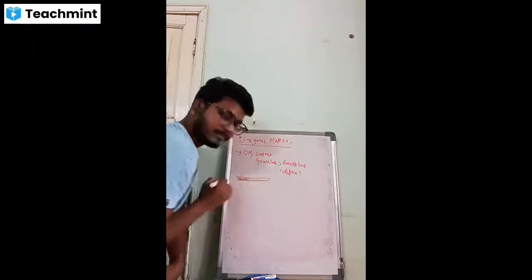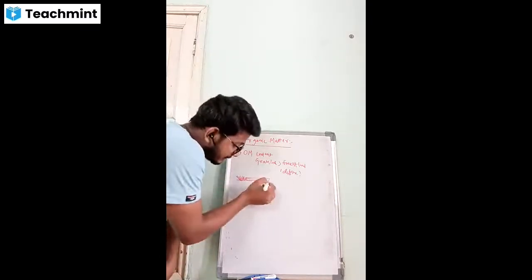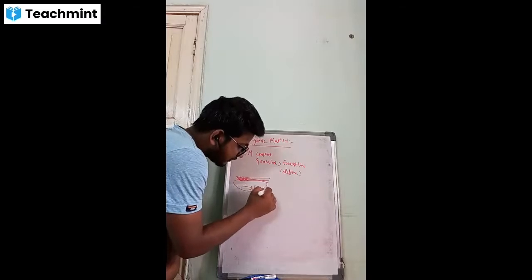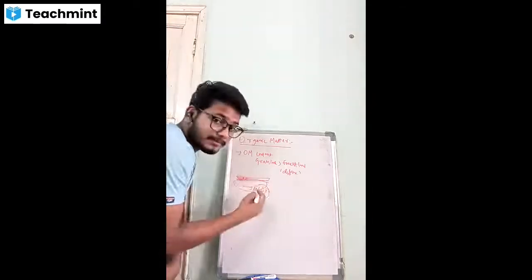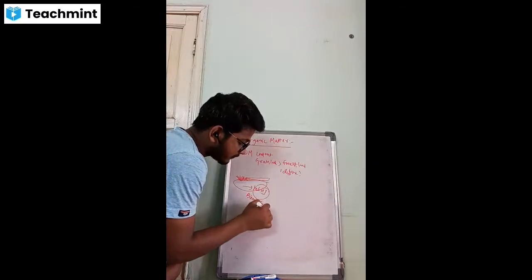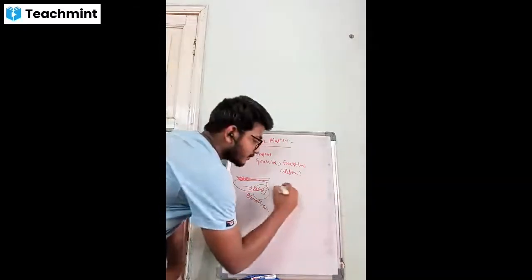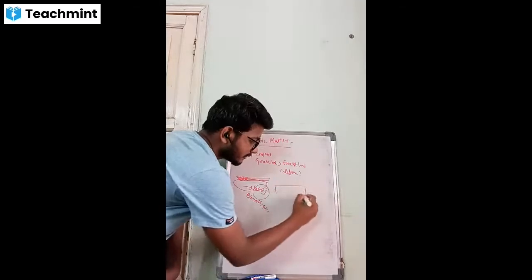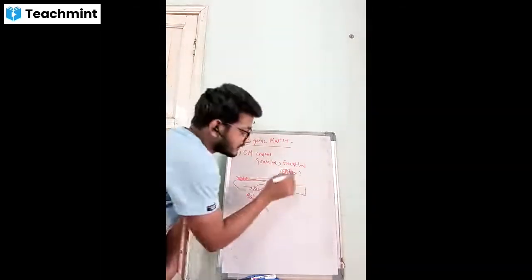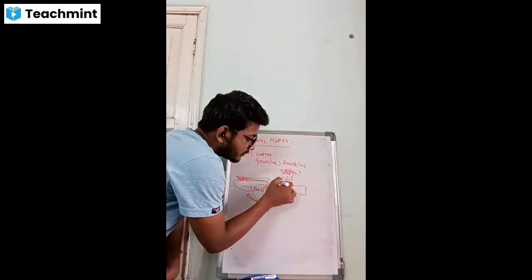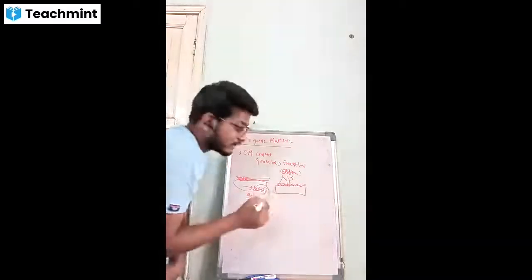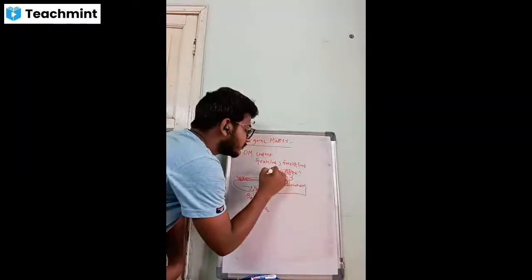Fully vegetation cover. Inside that, in the subsoil, below the soil, the biomass is more. But in the case of forest, what happens? The leaves fall on the surface. The surface litter is more.